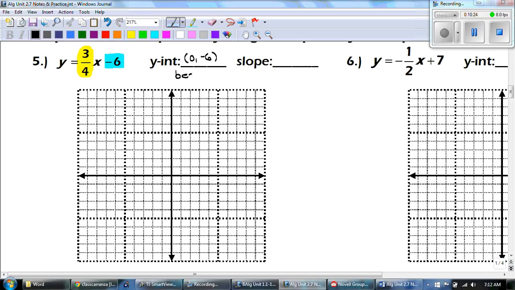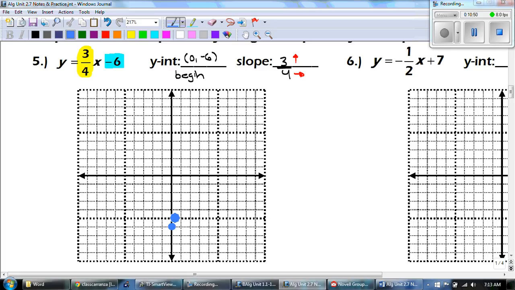This is where we begin. So I'm going to go straight to 0, -6, and that's where I'm going to begin my graph. Now my slope is 3/4. That tells me, since it's positive, I'm going to go up 3 to the right 4.